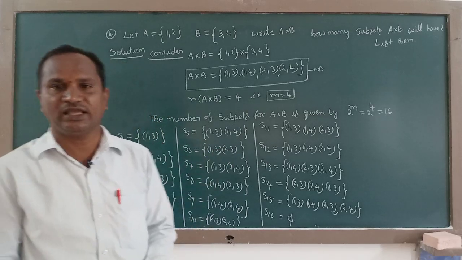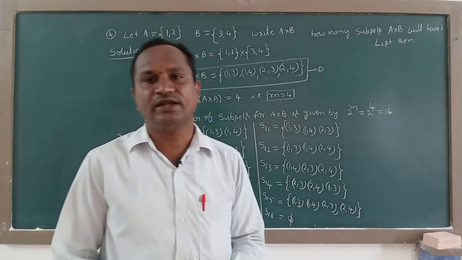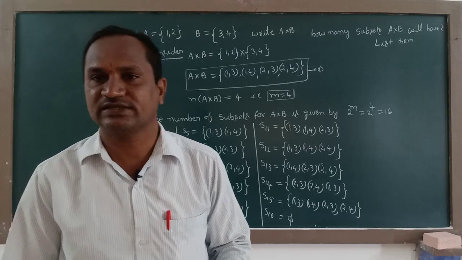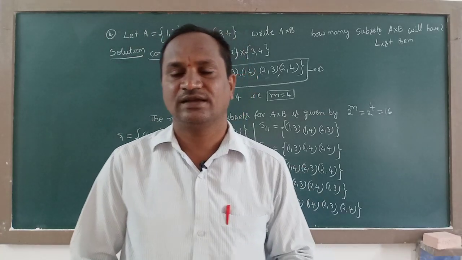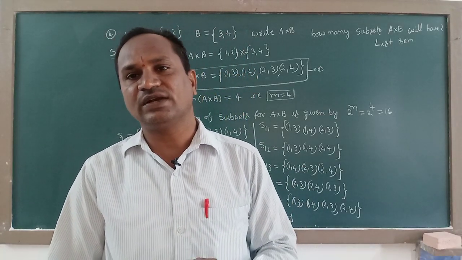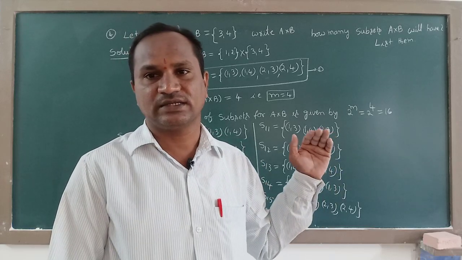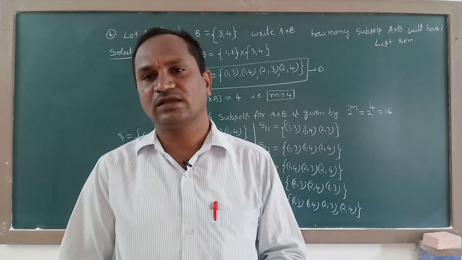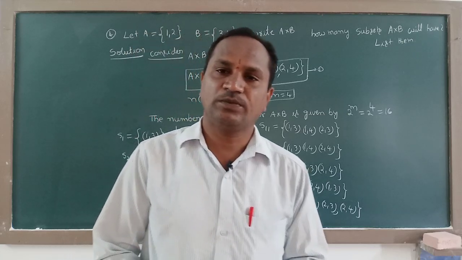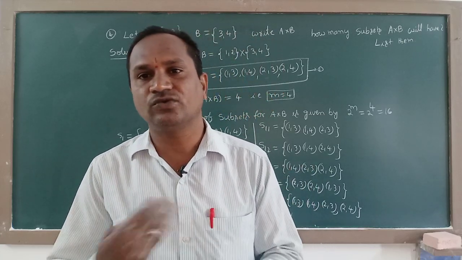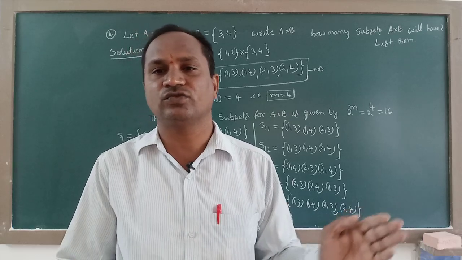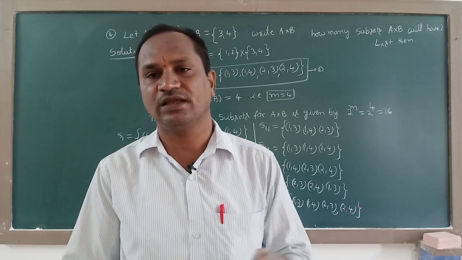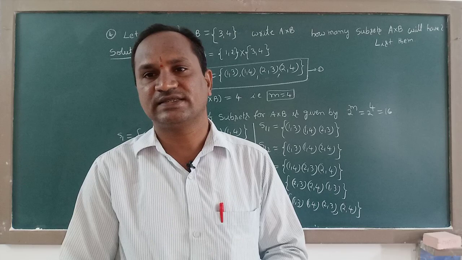Today I have told different types of problems on the Cartesian product and how to find the number of elements in A cross B. Whenever a Cartesian product is given, I also told how to write the elements of set A and set B individually.